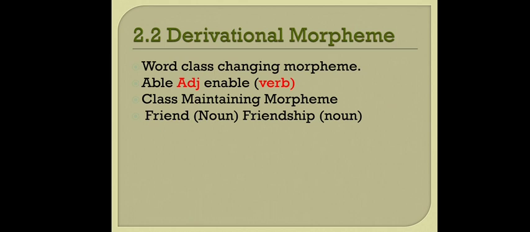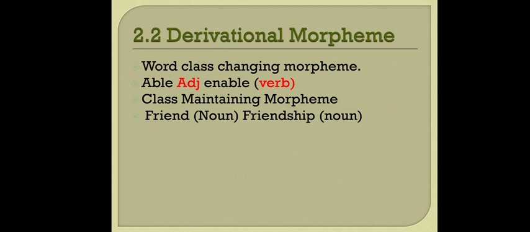Like here is the word able. If you say enable, able was an adjective, and now it became enable, meaning to make somebody able. Your course, your lecture on English enabled me to understand linguistic terms.